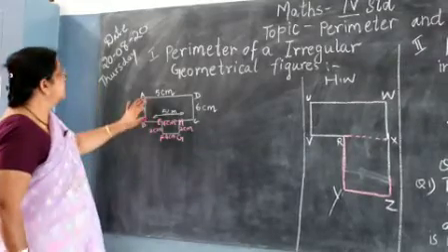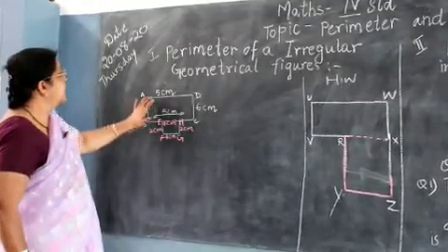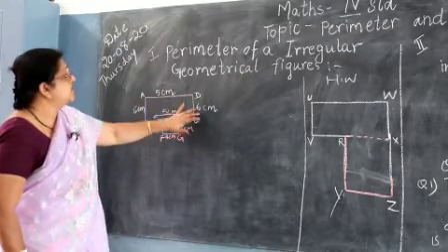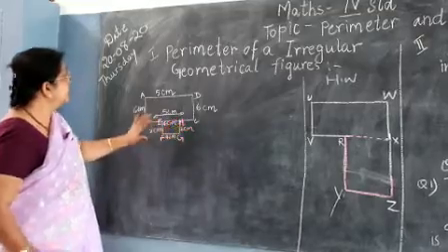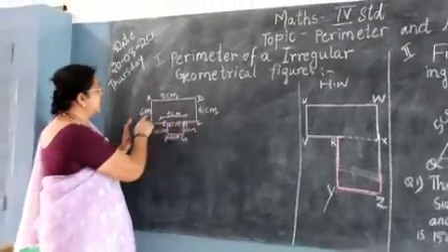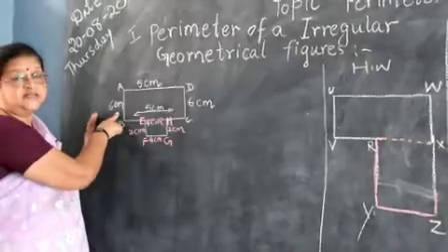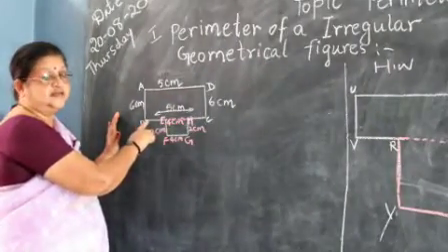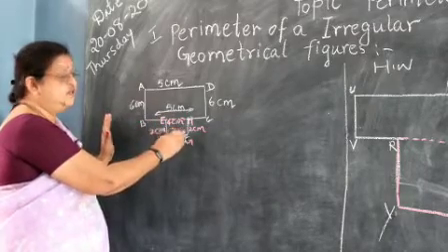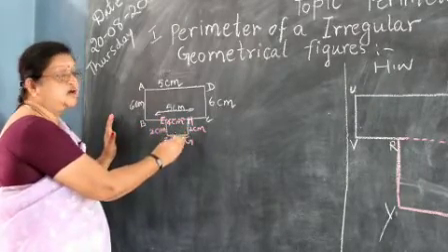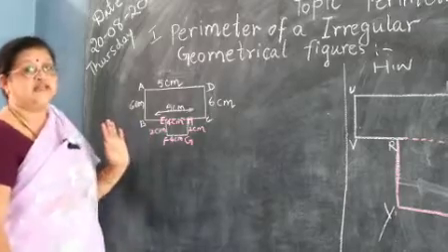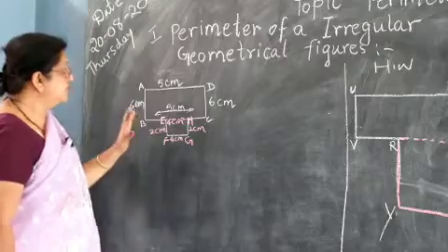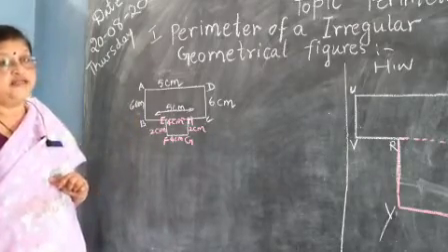Now you see here, the length AD is 5 centimeter, the breadth DC is 6 centimeter. Again here the length is 5 and then we have 6 centimeter. So this is one rectangle, but it's irregular. You have one more small figure outline coming, and how do you find the perimeter of this irregular figure? Please look into it. You all know how to find the perimeter.